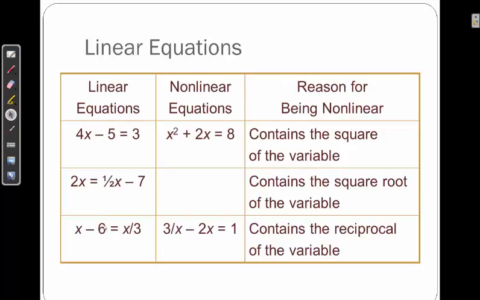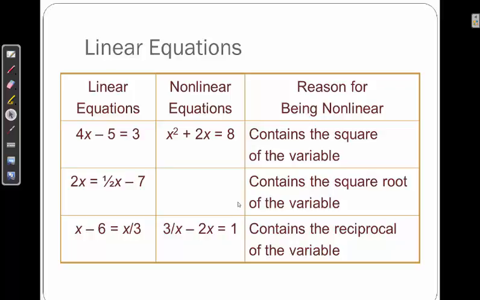So here's just a table from the book, kind of a drill on recognizing linear and nonlinear equations. These are all linear because, as you see, when x appears, it has only a power of 1. This is nonlinear. It has 2 powers of x, but what makes it not linear is this x squared.